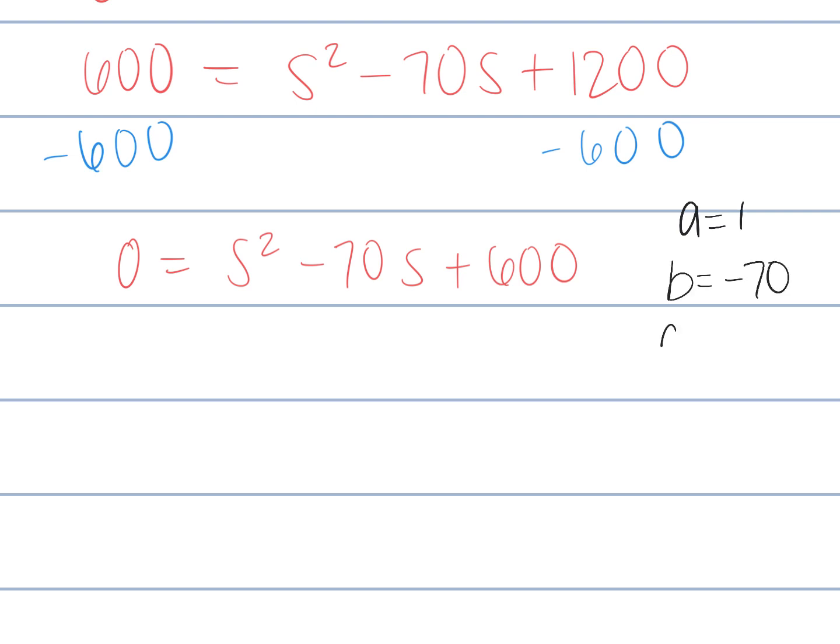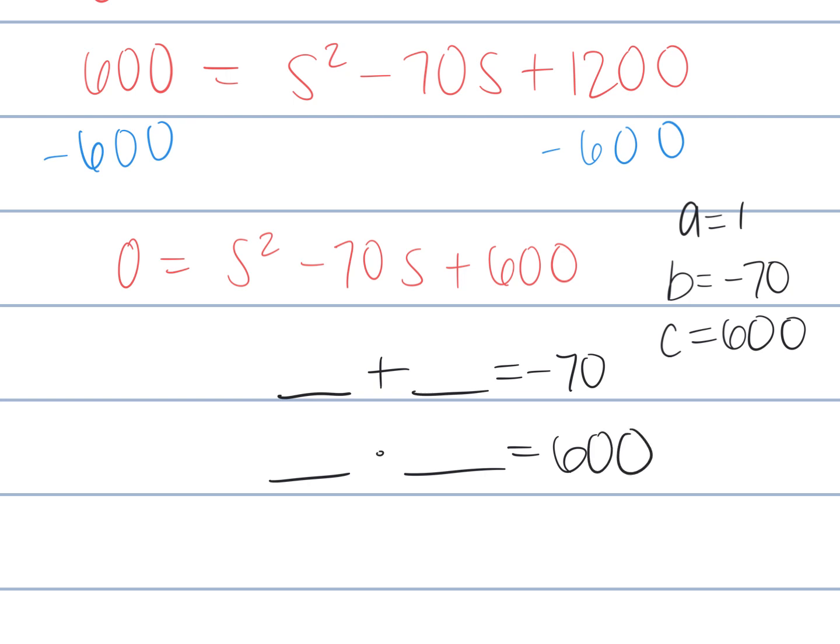And what's my C? 600. So I need two numbers that when you add them, they get negative 70, but when you multiply them, they give you 600.